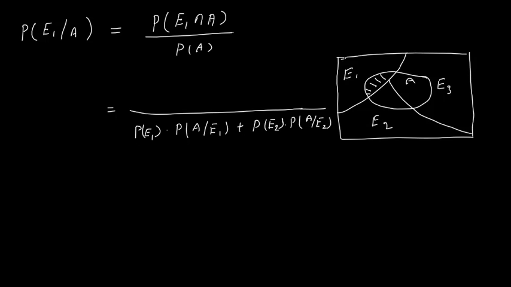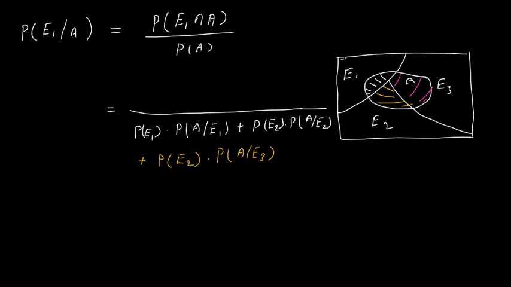So by this I will get the second part, which is this part, plus I have probability of E3 into probability of A by E3, and this will give me the third part, which is this one. So by this I can get this possibility of A, and numerator possibility of E1 intersection A.